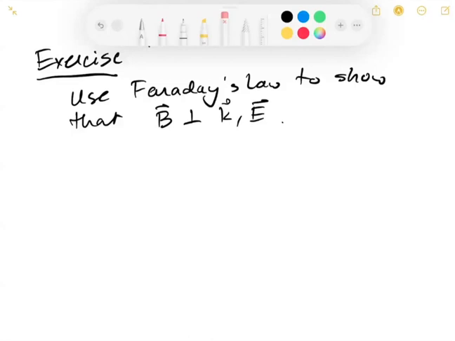We're going to use the Fourier transform.